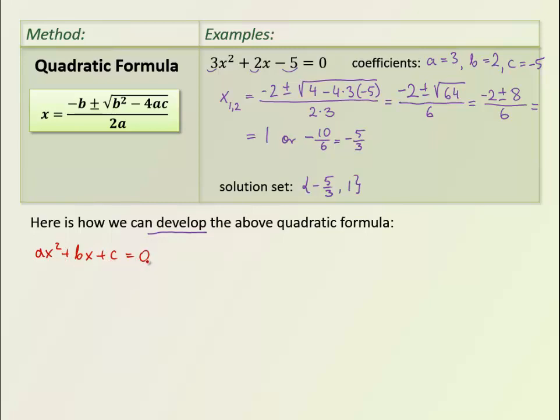Well, we moved the free term to the other side, so we end up with ax squared plus bx equals negative c. Then we wanted to have leading coefficient equals 1, so let's divide by a. That gives us x squared plus b over a x equals negative c over a.